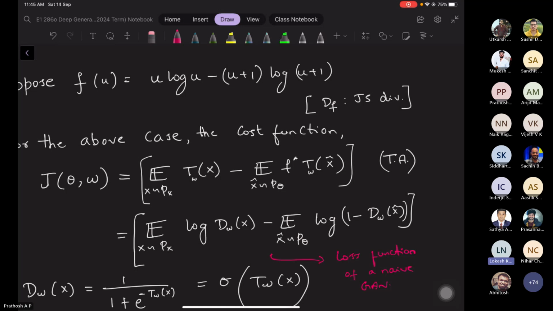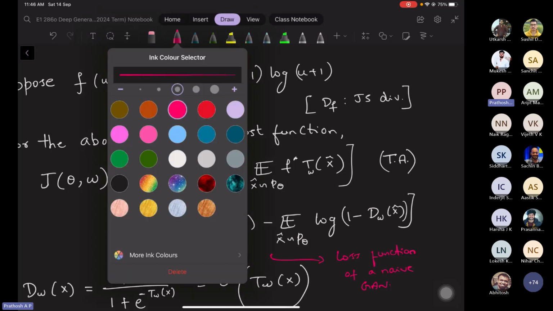Yeah, but f of 1 doesn't evaluate to 0 with this equation. It evaluates to 2 log 2, right? It was u plus 1 by 2 in the original expression. If it is u plus 1 by 2, then it will evaluate to 0. Okay, so fine, I can put it as u plus 1 by 2. That's also convex. That will evaluate to 0 in that case.